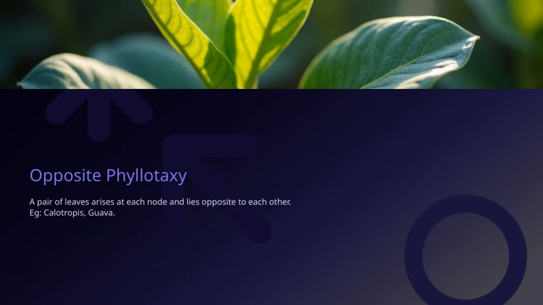This arrangement can influence how the plant captures sunlight and how the branches develop. Understanding this pattern is important because it helps us recognize different types of leaf arrangements, which can have implications for plant identification, their growth habits, and how they adapt to their environment. So, whenever you see two leaves emerging opposite each other at a node, you can identify it as opposite phyllotaxy, an elegant example of nature's symmetry and efficiency.